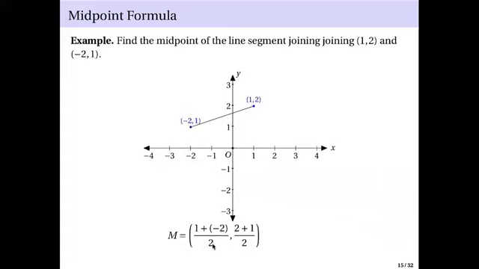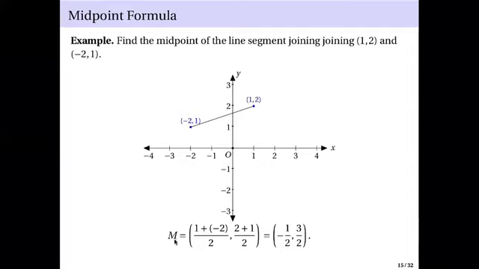For the y, you have 2 plus 1, and then you divide it by 2. And whatever you get after your calculation here, you will have negative 1 half, comma 3 halves. Okay? So that is the midpoint M.